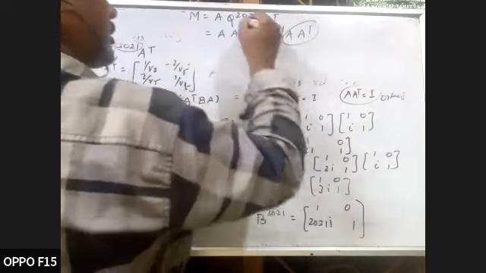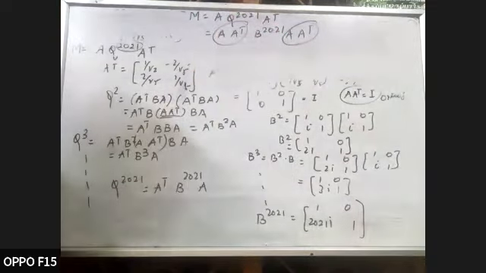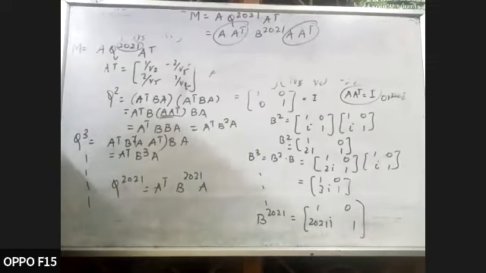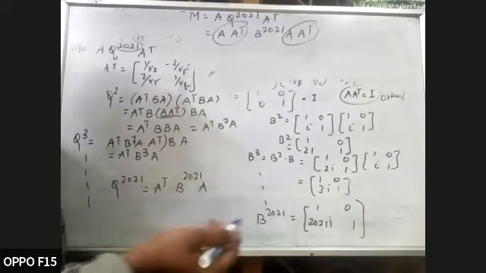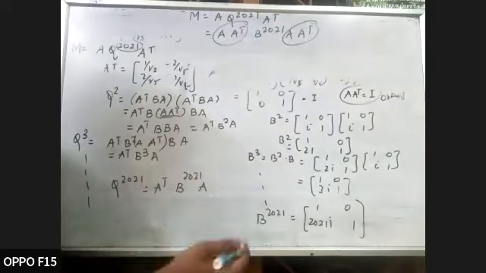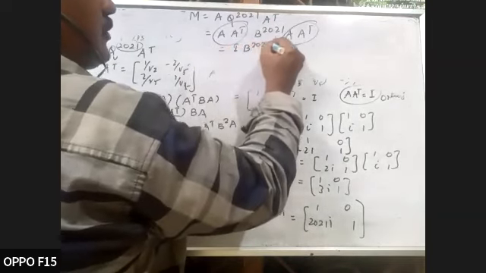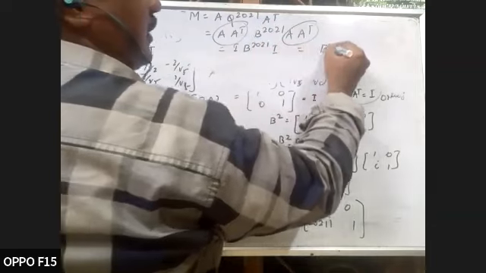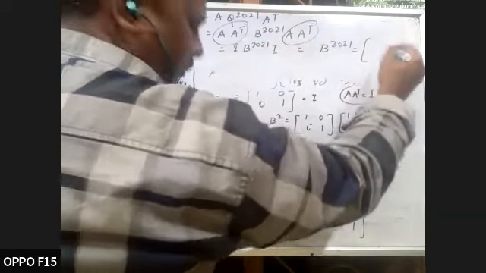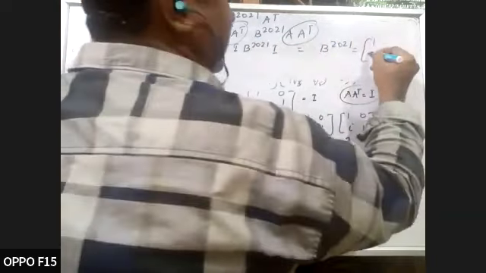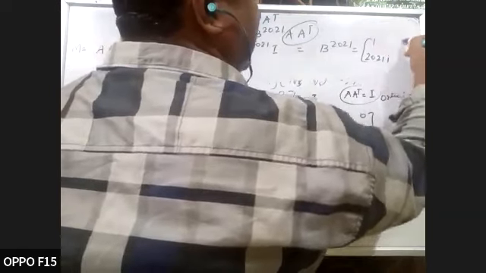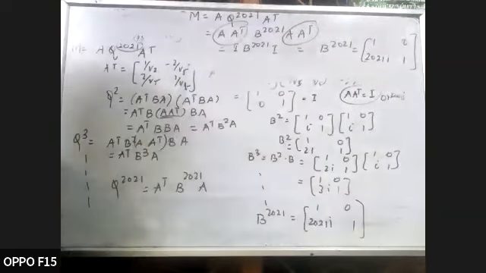What is the value of that? I. I தான். மேட்ரிக்ஸ் சொல்லும் போது I தான், I வந்து 1 மாதிரி. அதனால தான் 1 மாதிரி I. We can write this as I into B 2021 into I, which is nothing but B power 2021. Your B power 2021 is the exact answer: 1, 0, 2021 I, 1. That is the answer.